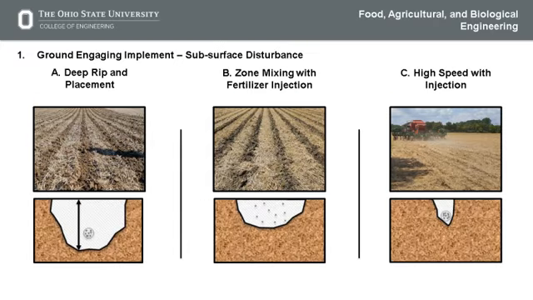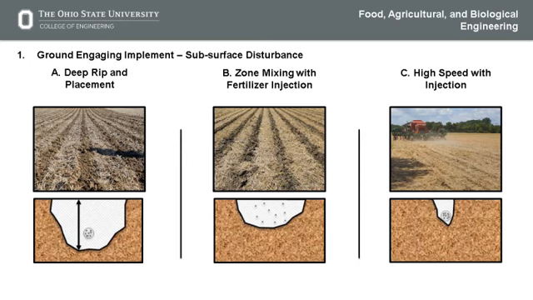So that's the surface disturbance, but in the subsurface disturbance, we've looked at it in a way that we really want to understand the seed environment. We're able to take a cross-section of these strips, or in the case of injection, a cross-section of that, and see their zone of influence.